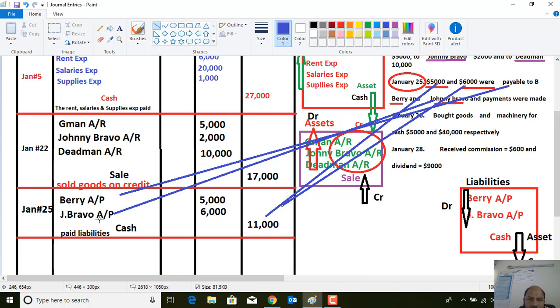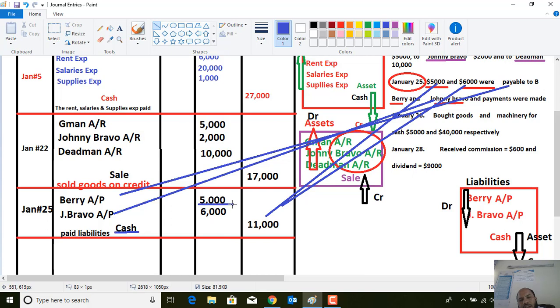So cash is an asset account, and a decrease in assets should be recorded at the credit side. But account payable is a liability account, and a decrease in liability should be recorded at the debit side.